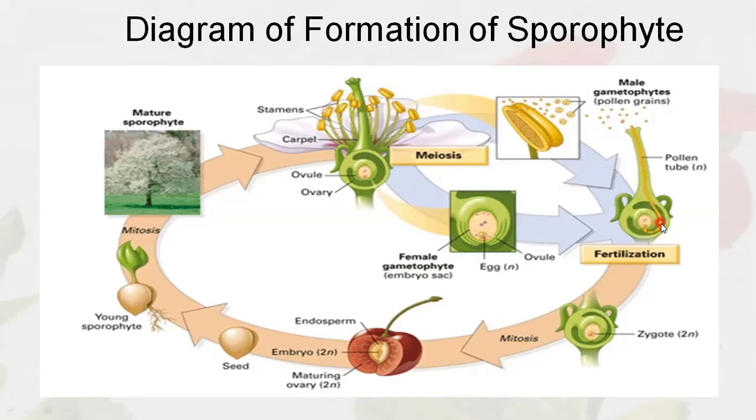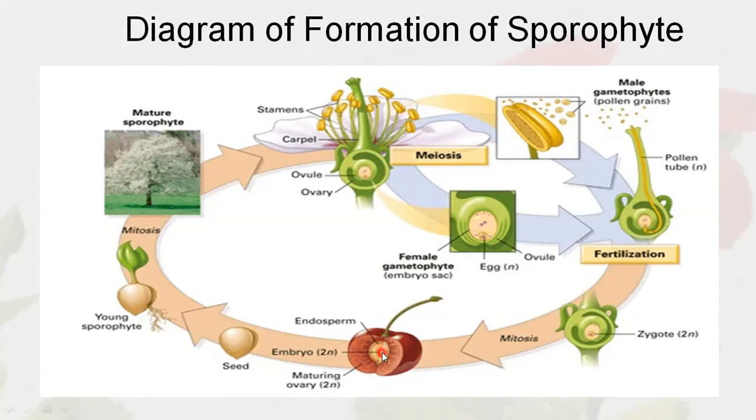This is the pollen tube, which enters into the ovule for the zygote formation. Now this is the fertilization. Up to this process is pre-fertilization, and after fusion of male and female gamete, it forms a zygote, which divides by mitosis. Then comes fruit production, in which the embryo is here.